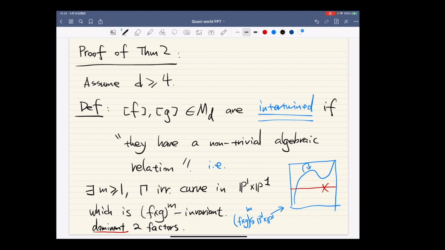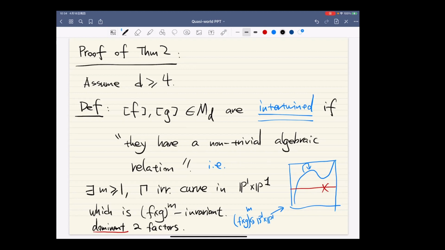We think of this gamma as an algebraic relation between these two dynamical systems. But we think it is non-trivial if it's dominant to each of the factors. Otherwise, it's just horizontal or vertical, which is not so interesting. We can just look at the graph.